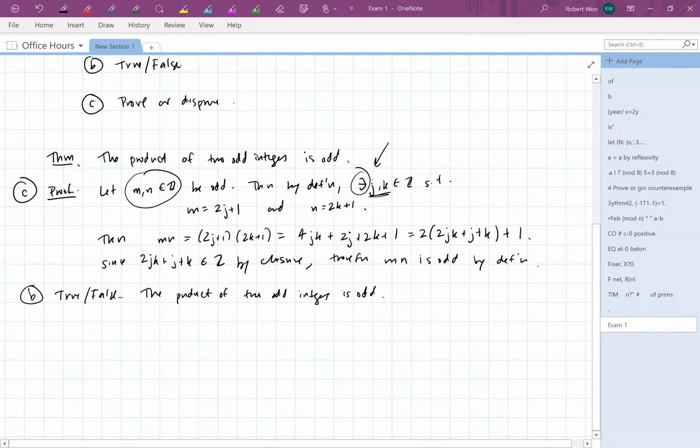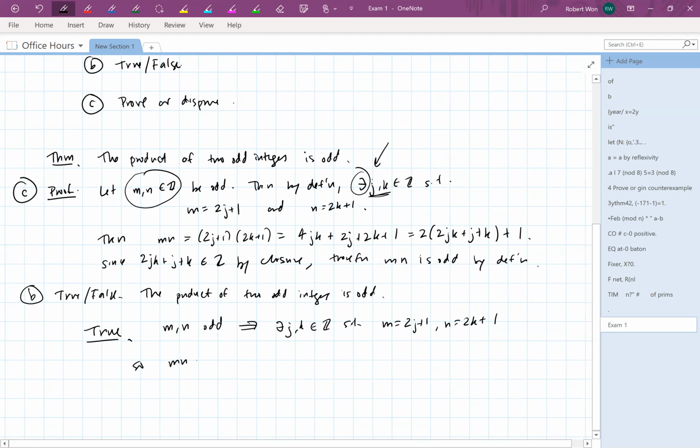So here's a nice complete solution to this. So this is false. Sorry, this is true. What am I saying? So it requires a proof. So here you could just say something, if m and n are odd, then there exist j, k such that m equals 2j plus 1, n equals 2k plus 1.